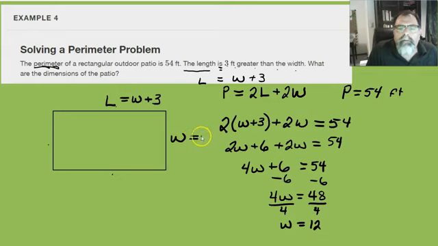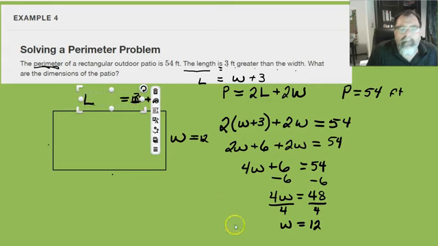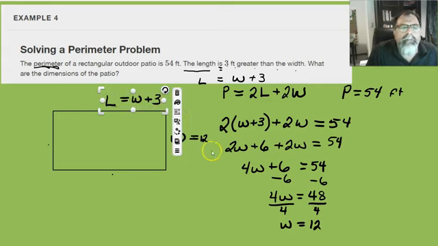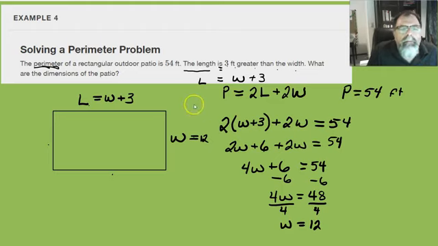Well, if the width is 12, then the length is the width, which is 12, plus the 3 more than the width.